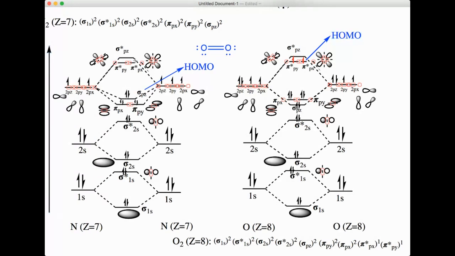And then the antibondings that are empty, so the lowest empty orbitals, so the orbitals that are empty and lowest in energy, those are called LUMO, lowest unoccupied molecular orbital. That means the molecular orbital that is lowest in energy among the empty ones.